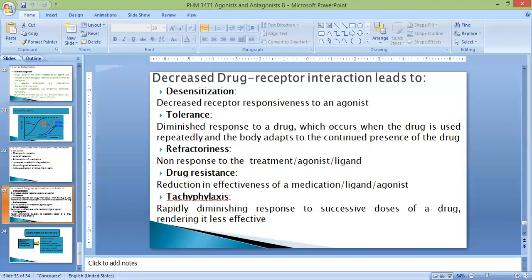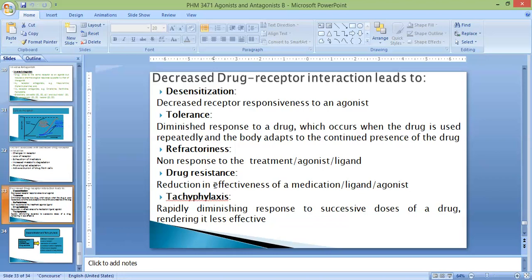The other thing is tolerance. With long-term administration of a drug, we need a higher dose of the drug to elicit the same response as it used to before. A good example for this is usually just alcohol. The first day people start drinking alcohol, within the fourth, fifth drink, they've already started feeling some sort of way.